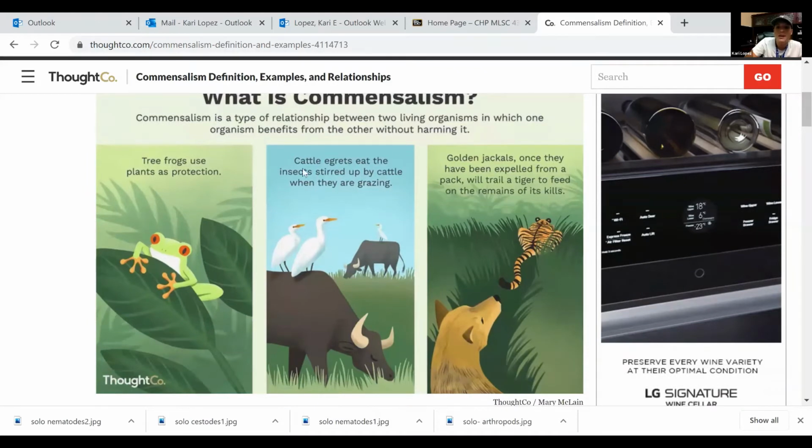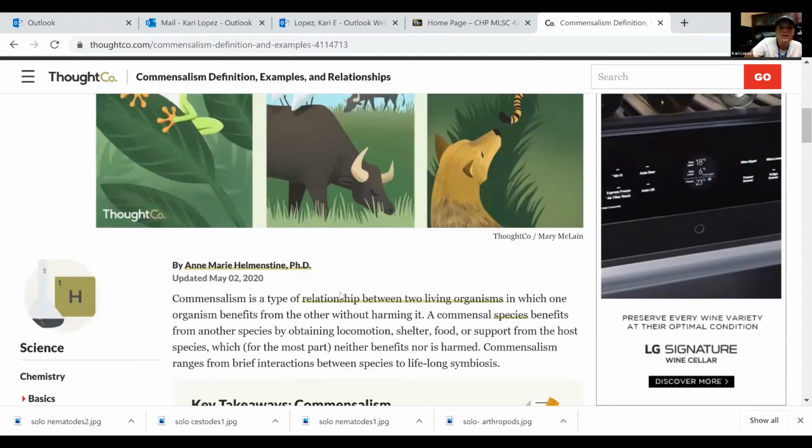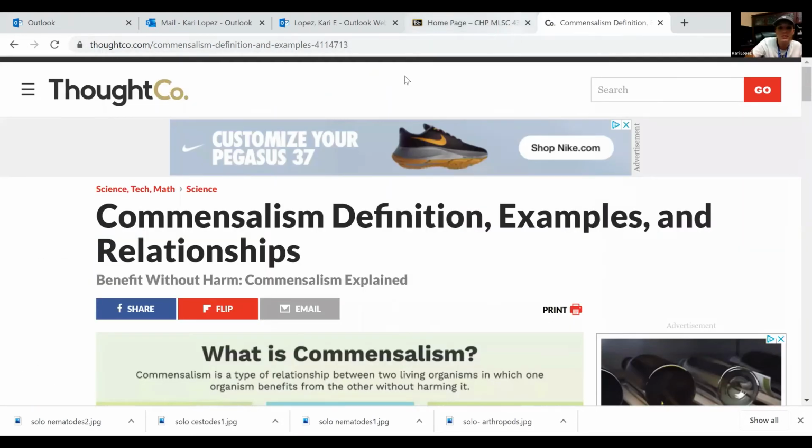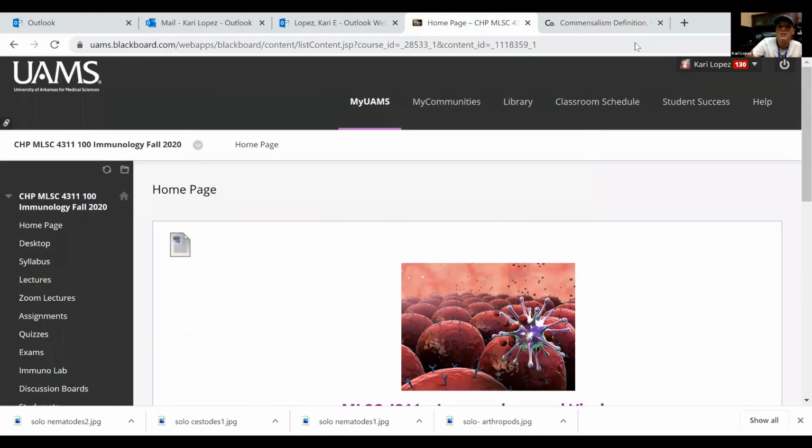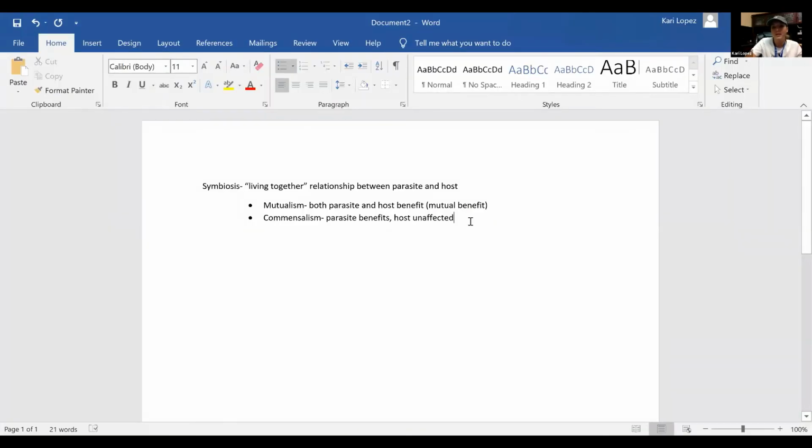Cattle egrets eat the insects stirred up by cattle when they are grazing, but they don't hurt the cattle. So commensalism is where the parasite benefits, but the host is unaffected. It doesn't harm them. It's not killing them in the long run.